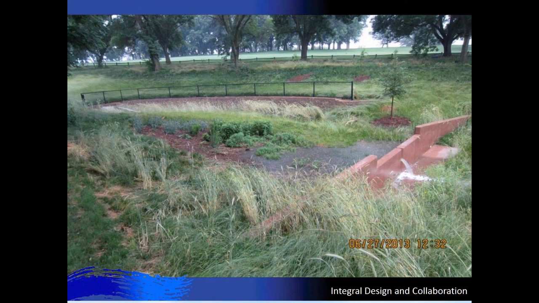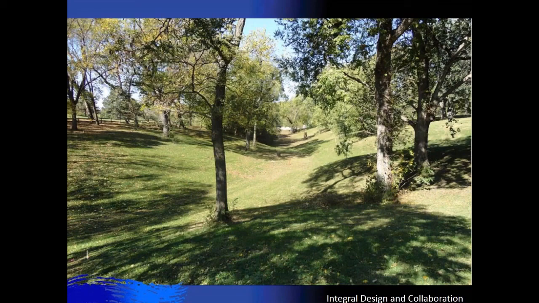The other thing is, some of the goals of this project were to minimize the tree loss and integrate the green infrastructure practices into this unique, beautiful park. And so that was part of the challenge there. This is a pre-development project photo. And just look at all the trees.